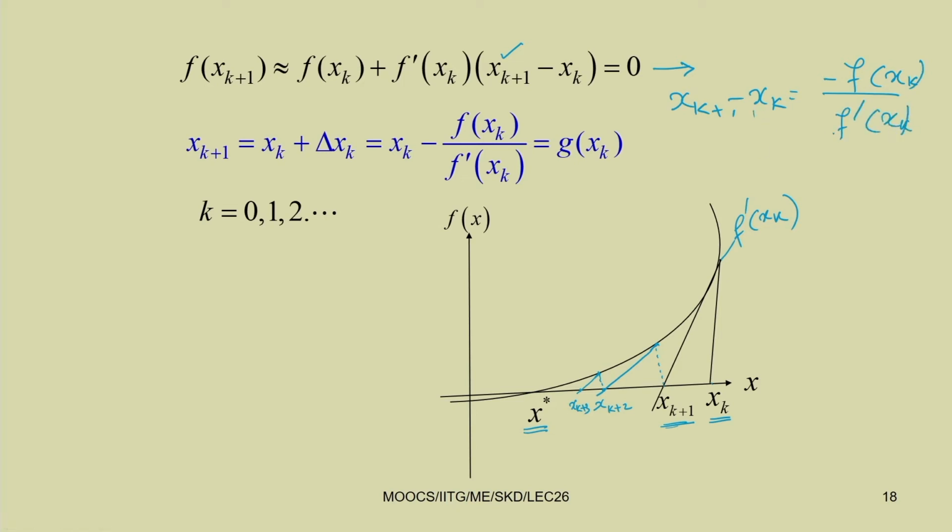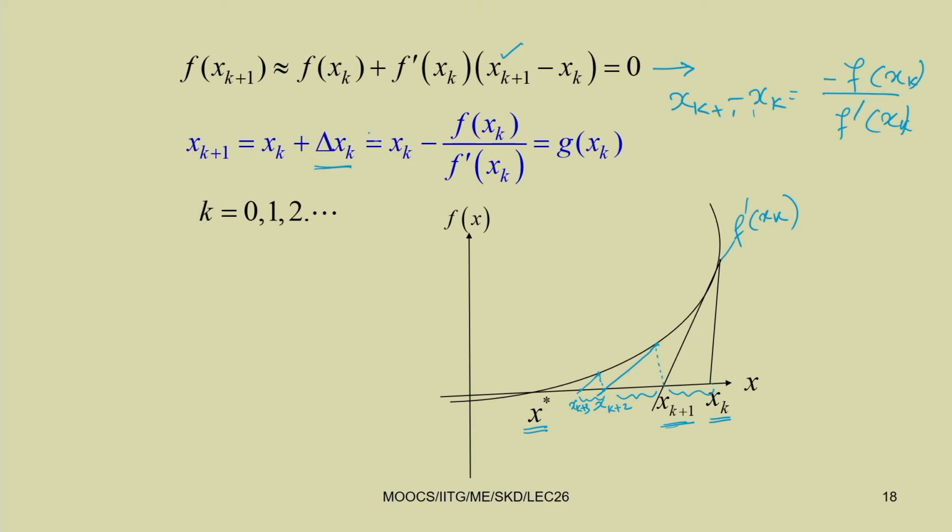So, taking this right hand side, we have x_{k+1} equal to x_k minus f(x_k) by f'(x_k). So, we can write this equal to x_k plus some additional term delta x_k. In this case this will be delta x_k, this will be delta x_{k+1} and this will be delta x_{k+2}.